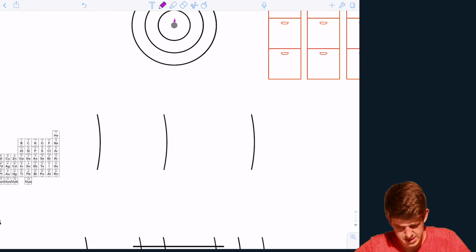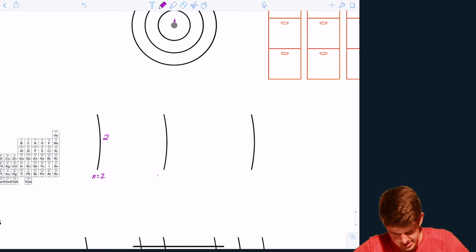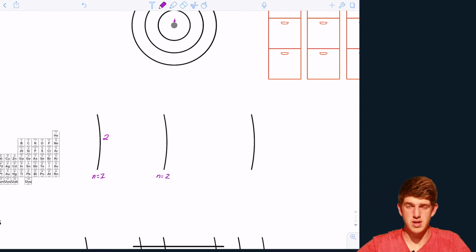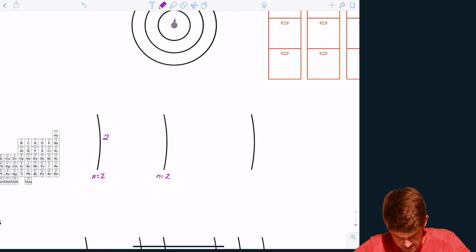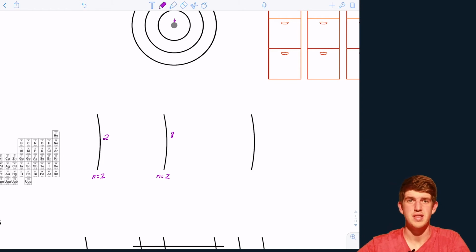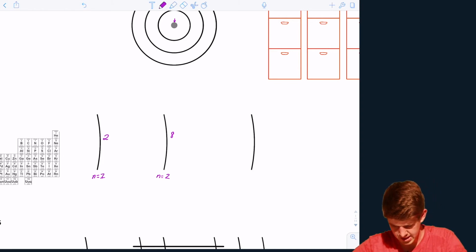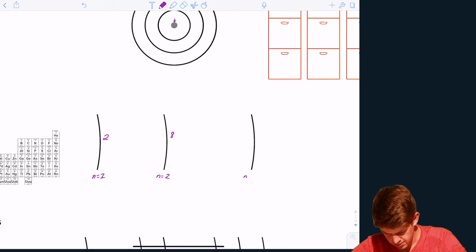This first shell would only get 2 electrons. The second shell would get the third electron, and then the next 7 for a total of 8. And then after those first 10 electrons are there, the next 18 will go into the third shell.